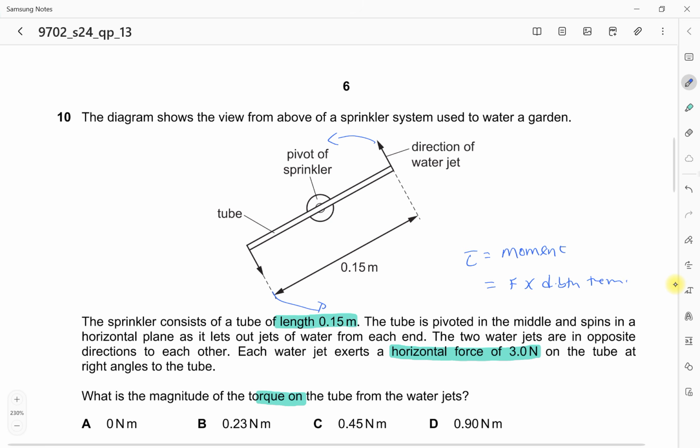So one of the forces is 3 newtons and the perpendicular distance between them is 0.15. So the torque we are looking for is simply 3.0 times 0.15.